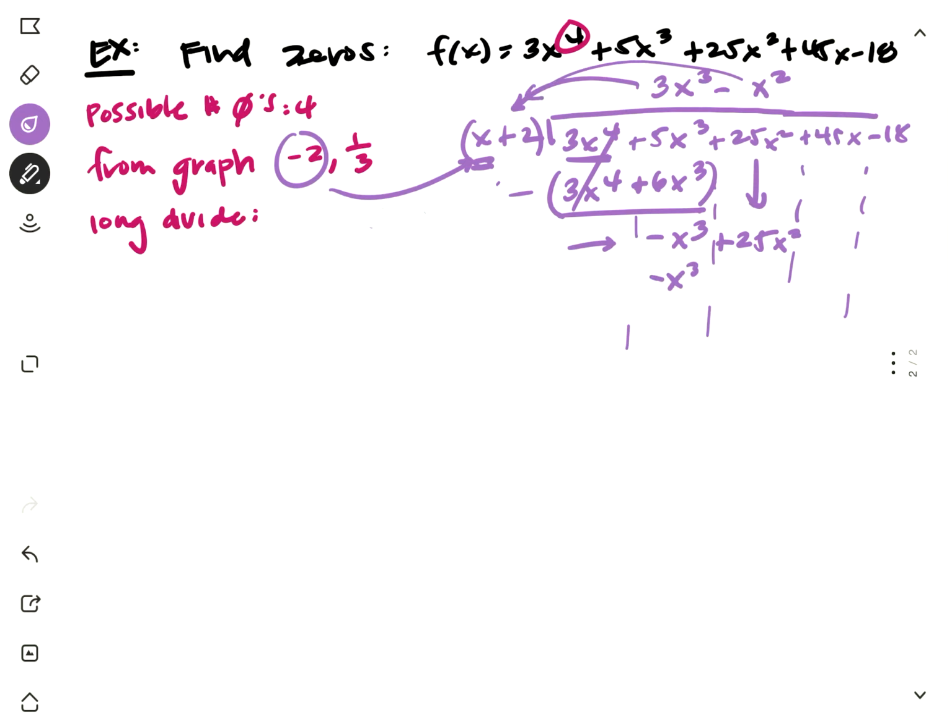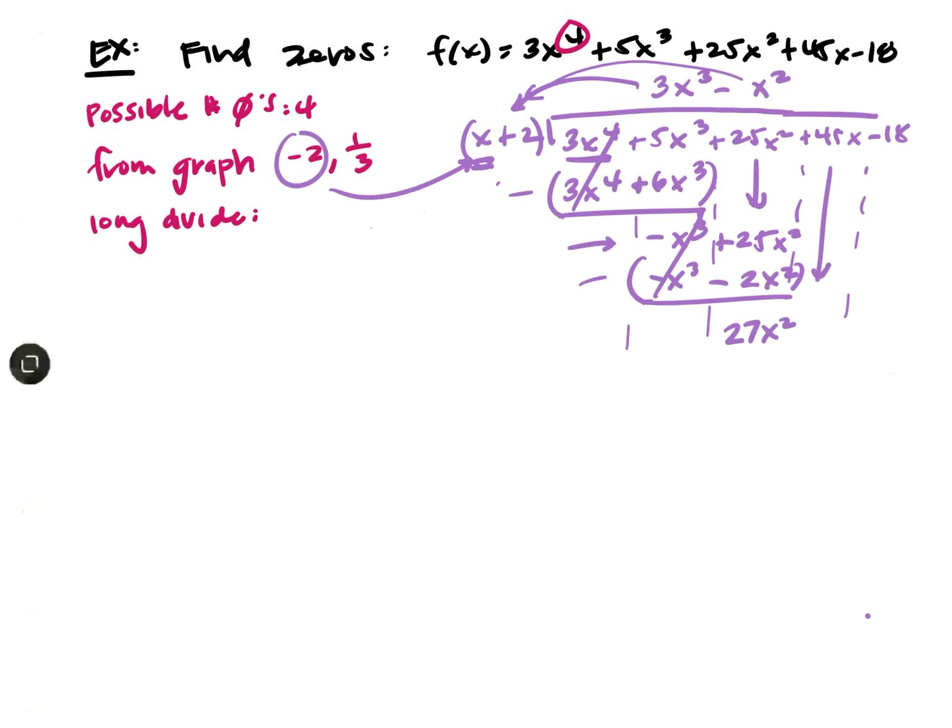Negative x squared times x is negative x cubed. Negative x squared times 2 is negative 2x squared. Be very careful with your signs. And we're subtracting. Negative x cubed minus negative x cubed is 0. 25x squared minus negative 2x squared is positive 27x squared.